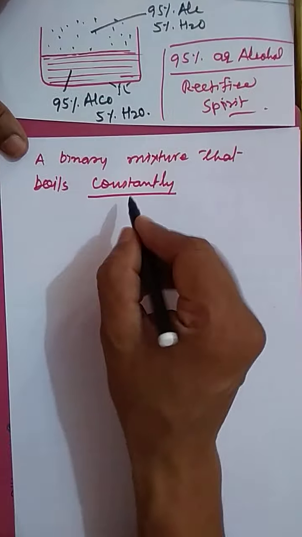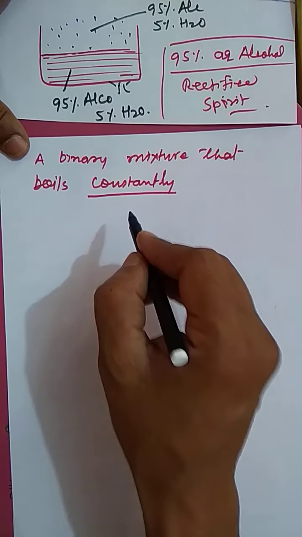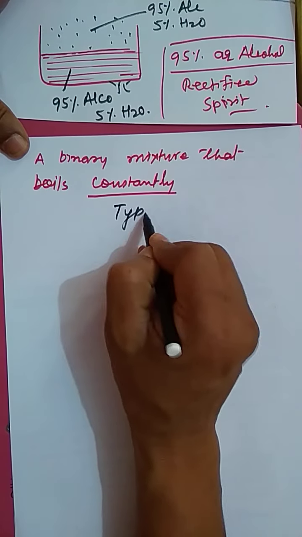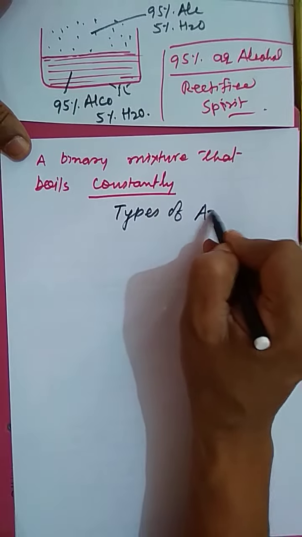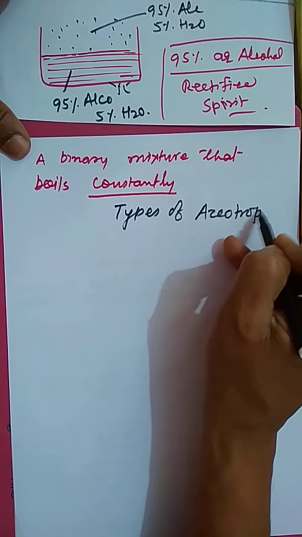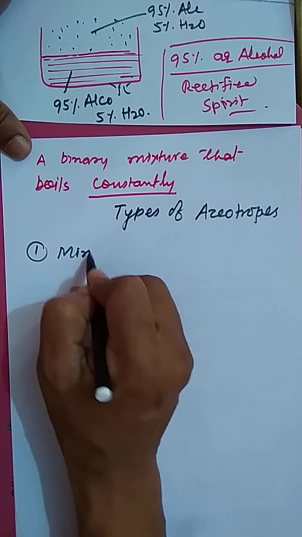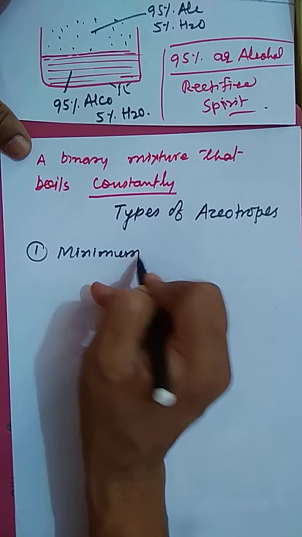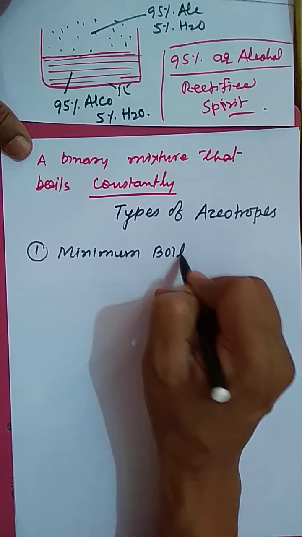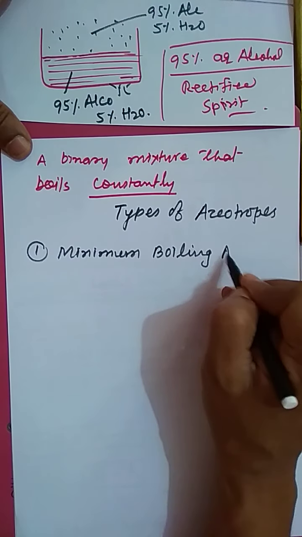Now azeotropes are of two types. So we write here types of azeotropes. Number one, minimum boiling azeotropes.